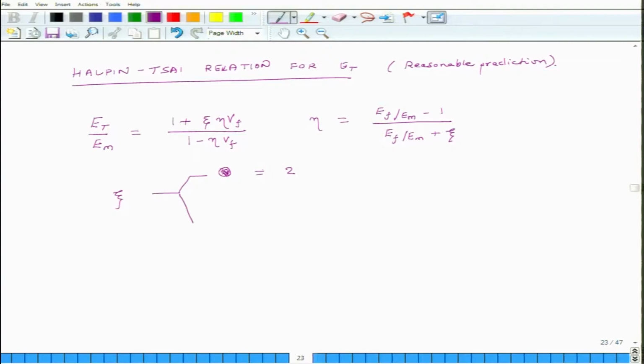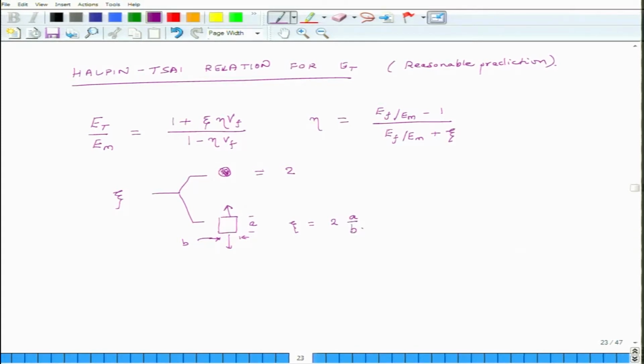If the fiber is having a rectangular cross section, let us say the cross section is like this, A and this is B, and the fibers are oriented in such a way that the load is in the length of A direction, then zeta equals A over B.